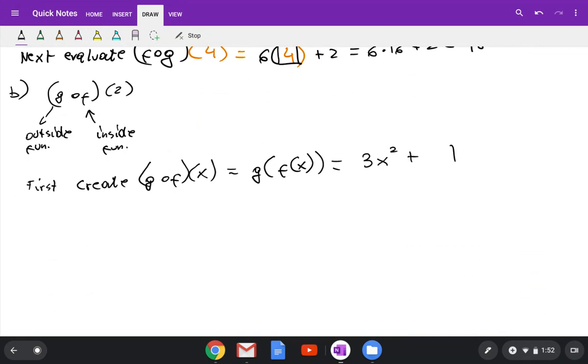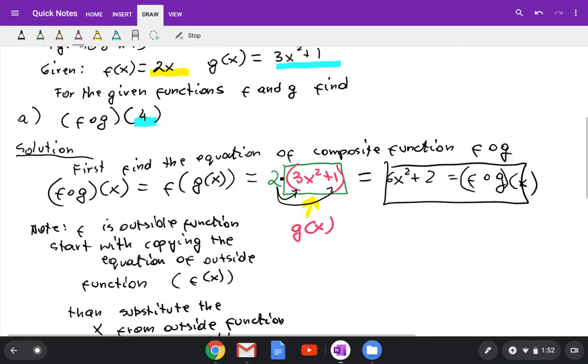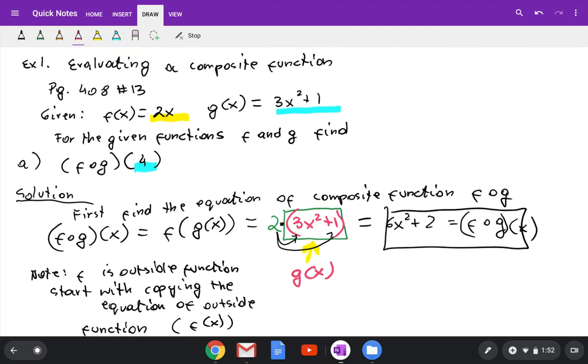But look what happened. Where we used to have x in function G, we're going to plug in f of x, okay? So equation of function f is 2 times x.